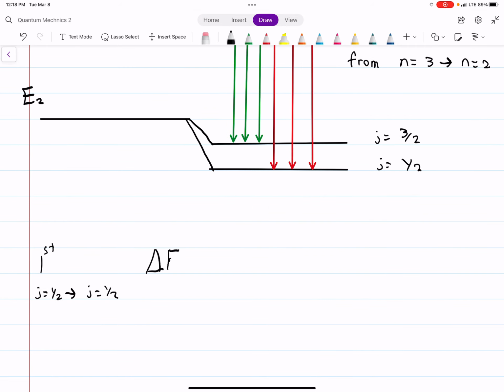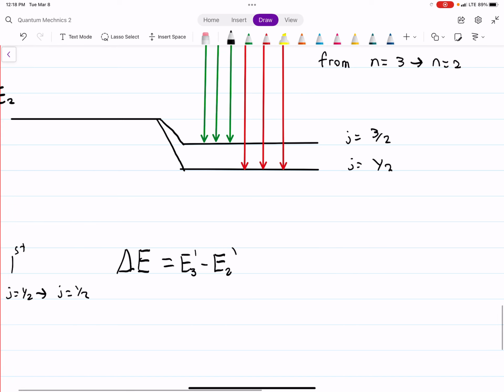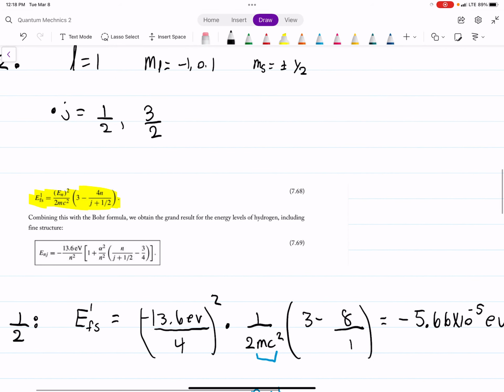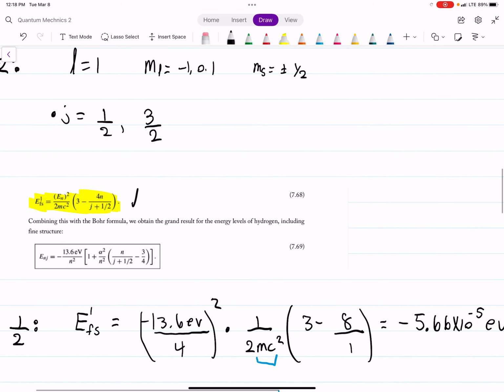They want us to find the change in energy. I'll just call E31 minus E21. And it's pretty easy to do. We're just going to use our fine structure, just like we were doing earlier. So I'm going to plug this in, minus 13.6 over, so we're using this equation.